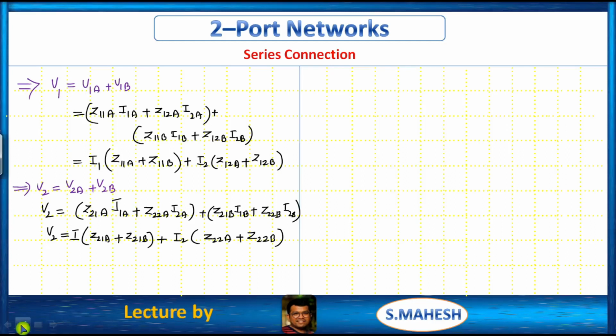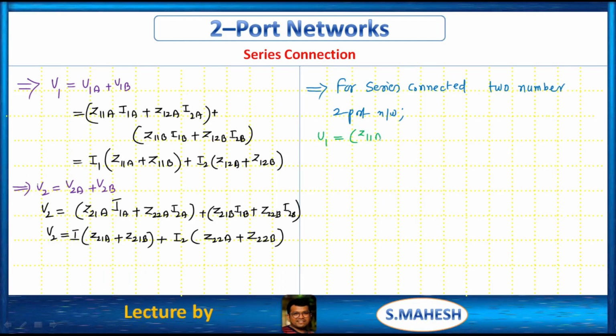So for the series connected two-port network, V1 equals Z11A plus Z11B times I1, plus Z12A plus Z12B times I2.